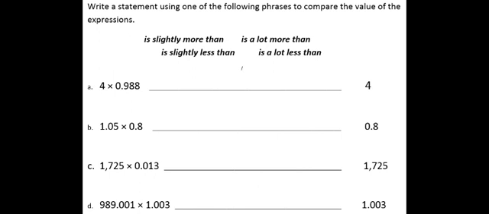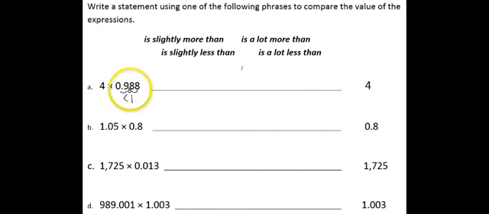In the next section, I'm going to think about the size of my products, and I'm going to write one of the phrases that shows how the expression compares to the number on the right. For example, if I have 4 times 988 thousandths, well, this number is less than 1. So I know my answer is going to be less than 4.